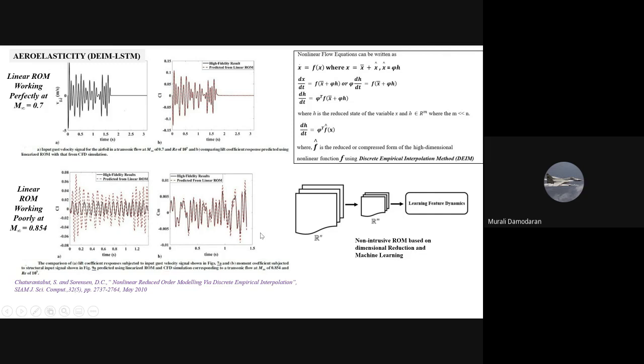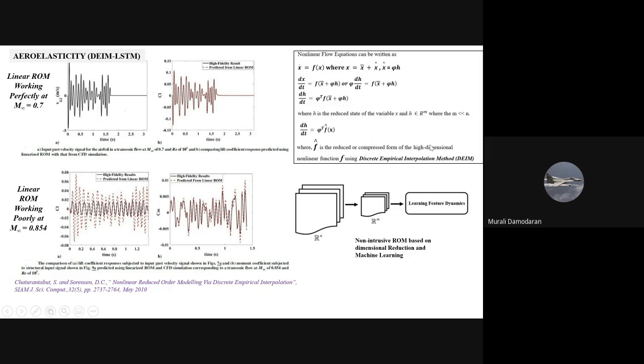So we need to go to the nonlinear ROM, and that's what we considered. This equation is projected onto some POD basis, and then we get a compressed, reduced form of the high dimensional nonlinear function we are interested in.